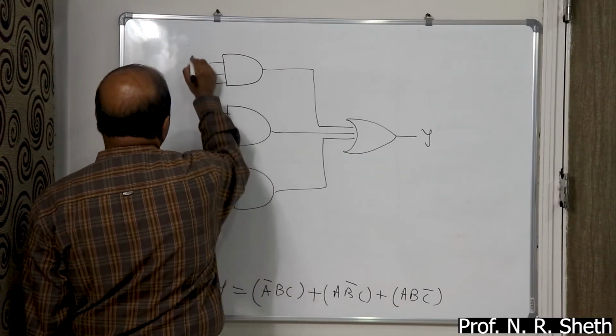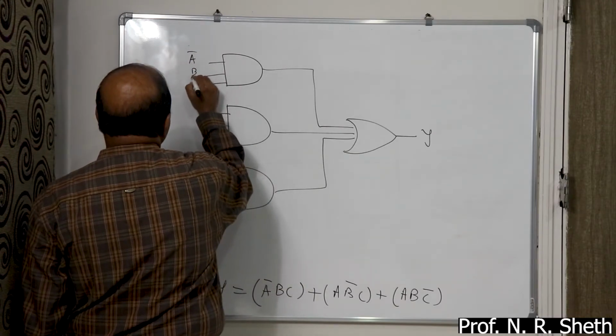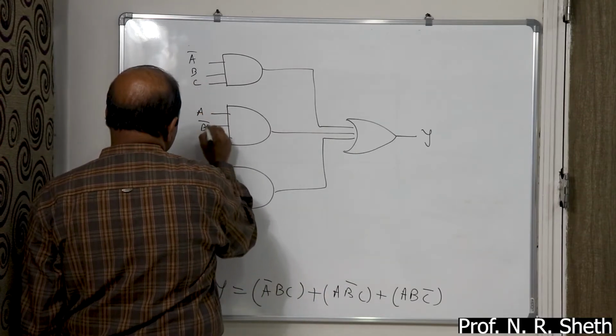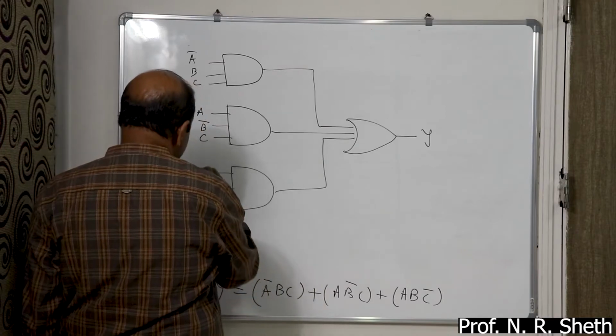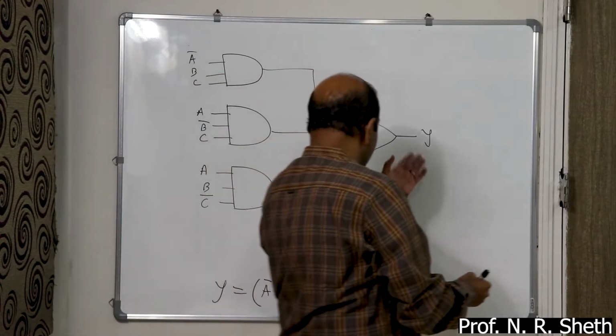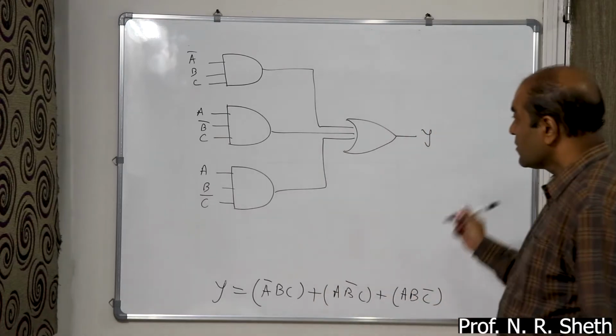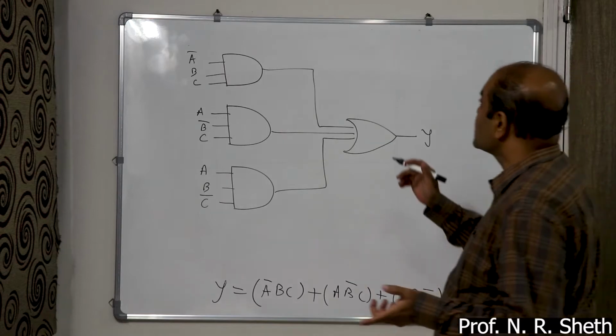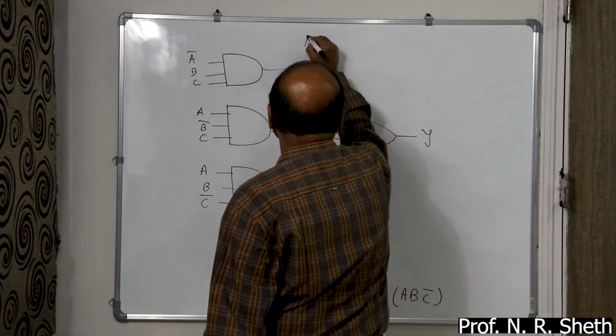A bar B C, A B bar C, A B C bar, and this is your y. Now this circuit is said to be the AND OR circuit.